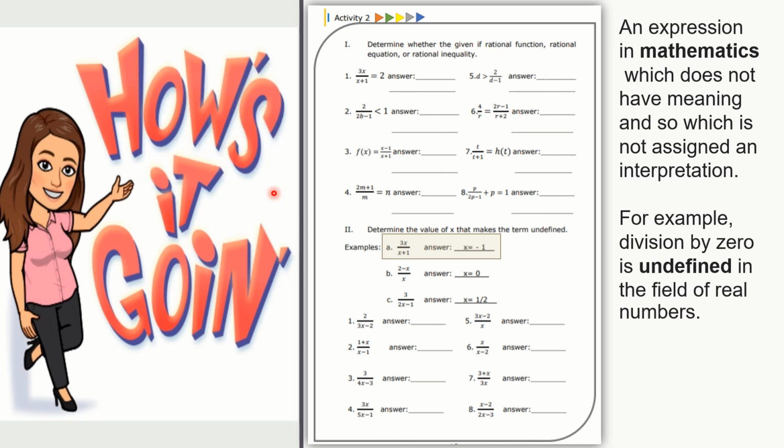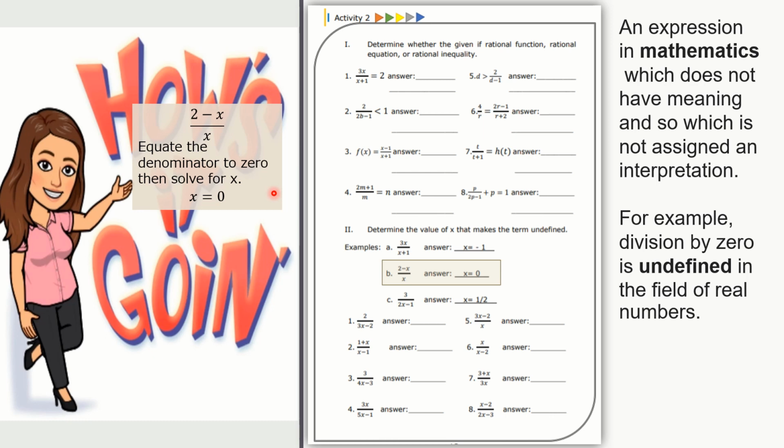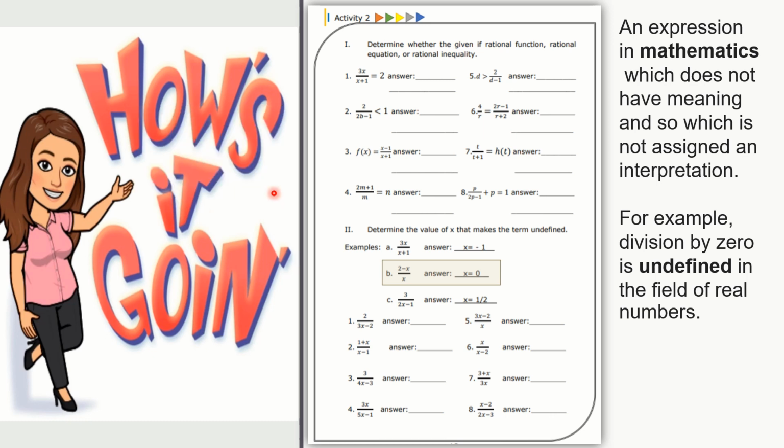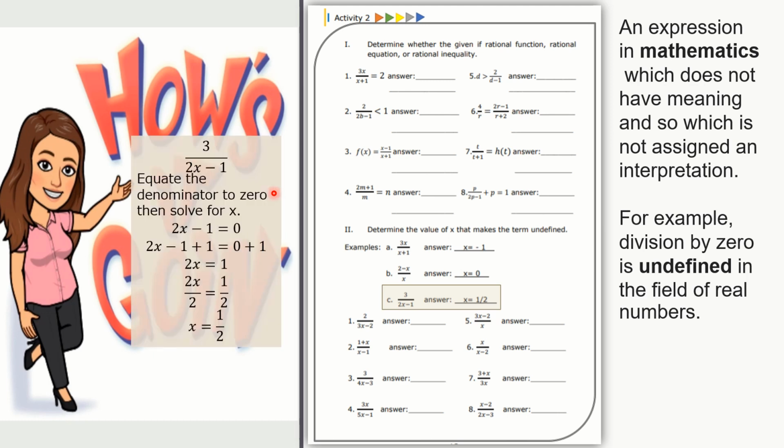For example B, when we equate the denominator x to 0, we get x = 0. For example C, when we equate the denominator 2x - 1 to 0, we get x = 1/2.